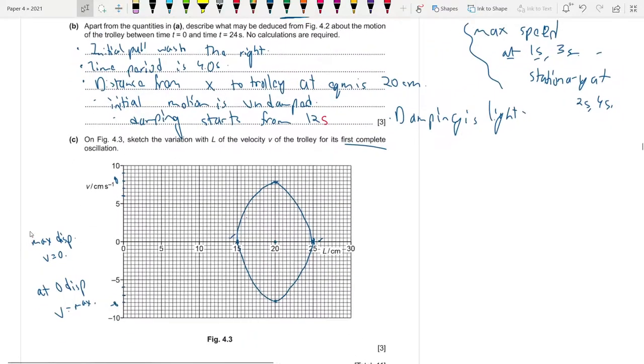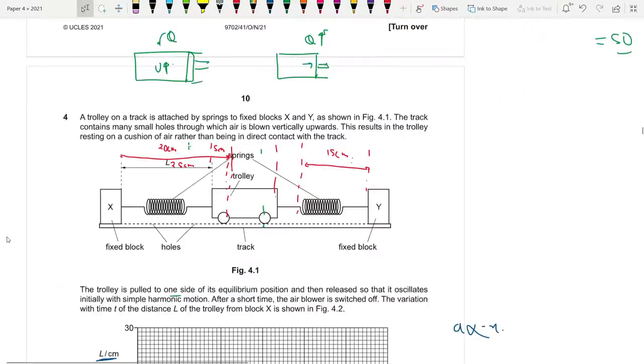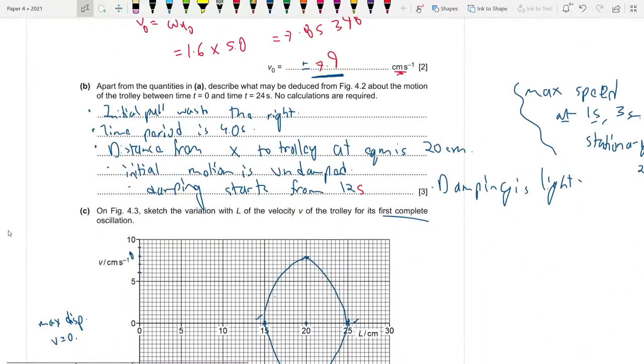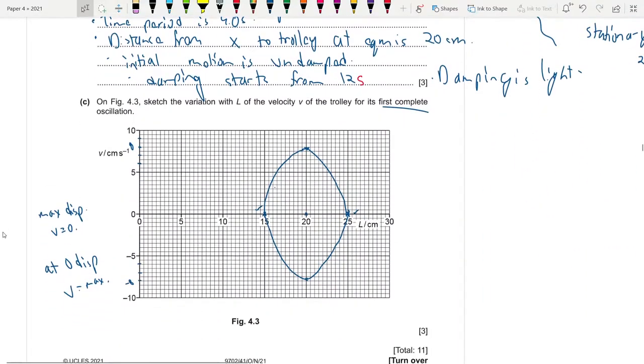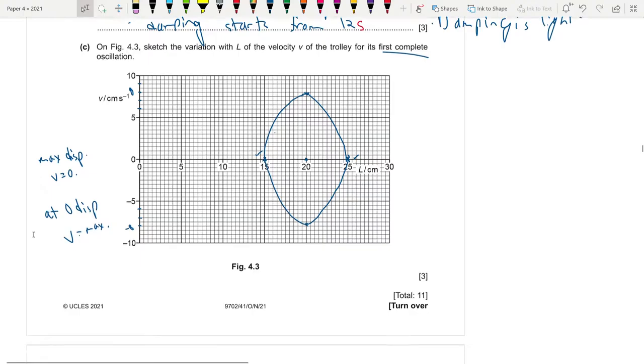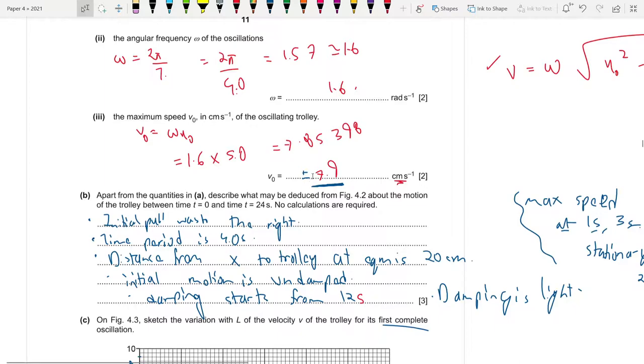On figure 4.3, sketch the variation with L of velocity v for its first complete oscillation. So I just told you at maximum displacement, that means at either 25 or at 15, we will have a velocity of 0. These are our first 2 points. And at equilibrium position, that means at L of 20, we will have maximum velocity of how much exactly? 7.9.